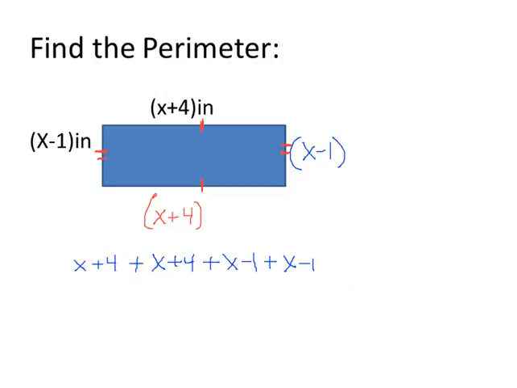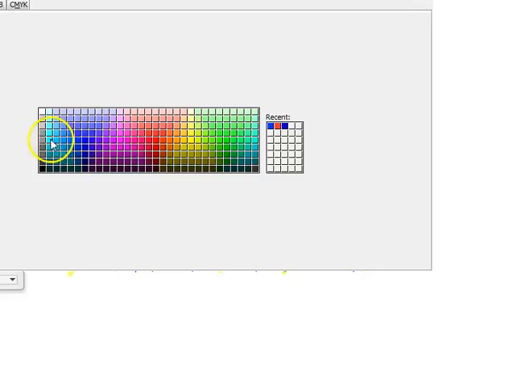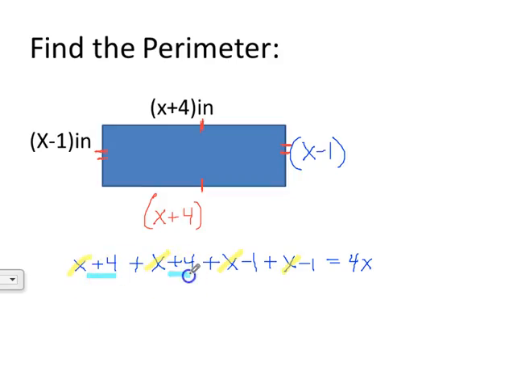Then I'm going to add all my like terms together. How many x's do I have? 1, 2, 3, 4. Those are like terms. They're all x's, so I've got 4x. My other like terms are the whole numbers, so we're going to add those together. 4 plus 4 is 8. Minus 1 is 7.